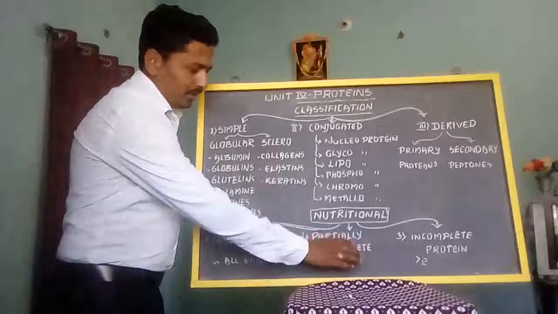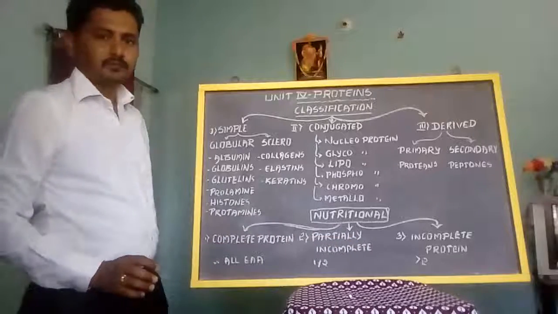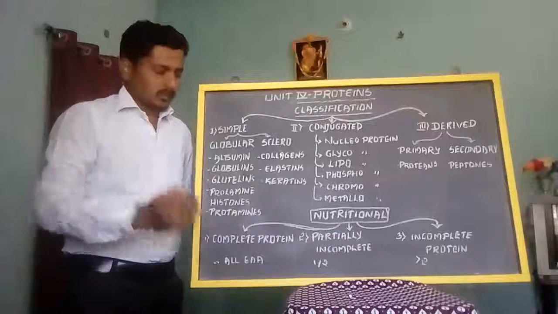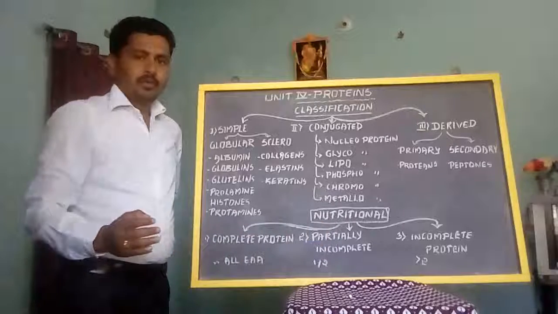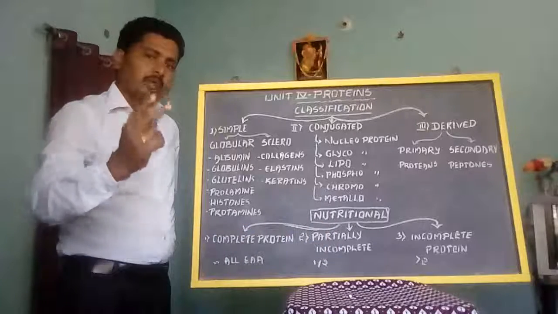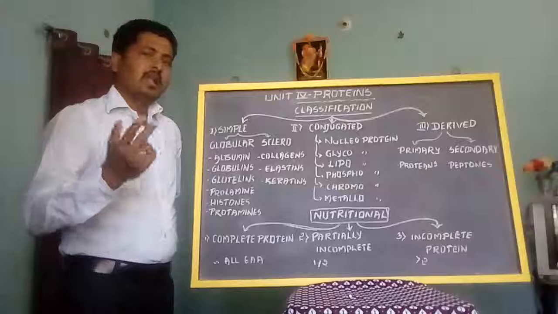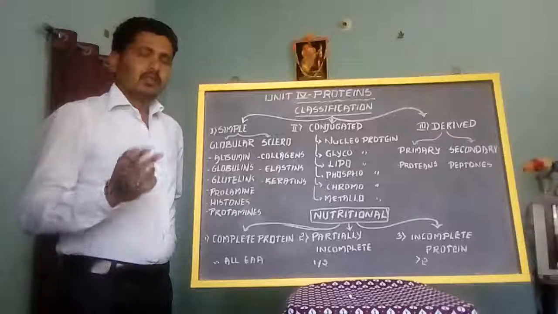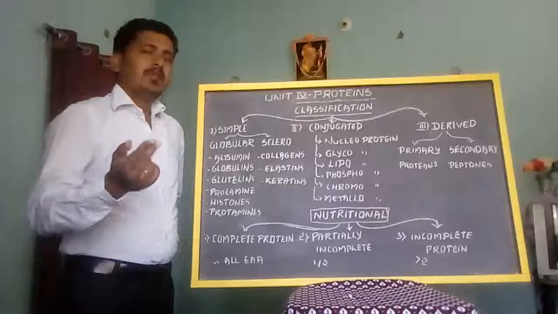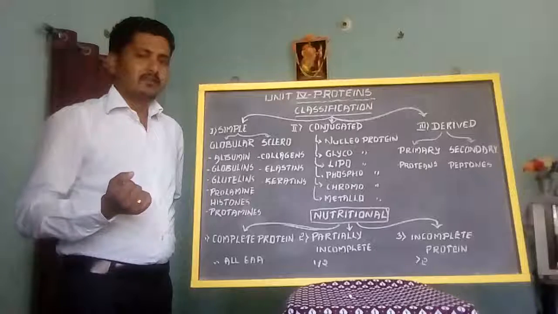Next one, partially incomplete. In a partially incomplete protein, 1 or 2 essential amino acids are lacking.